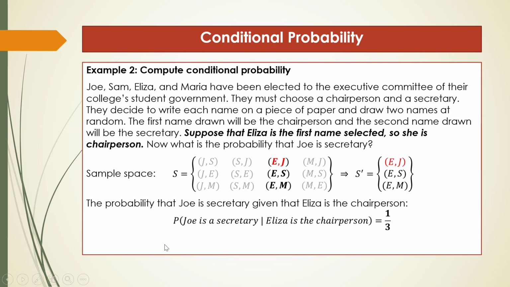Here I use the notation P of Joe is the secretary, slash, Eliza is the chairperson, which is just 1/3 because we have one desired outcome out of three outcomes. And the event that we are given information has already occurred is the given event. So given is a keyword to recognize a question about conditional probability.